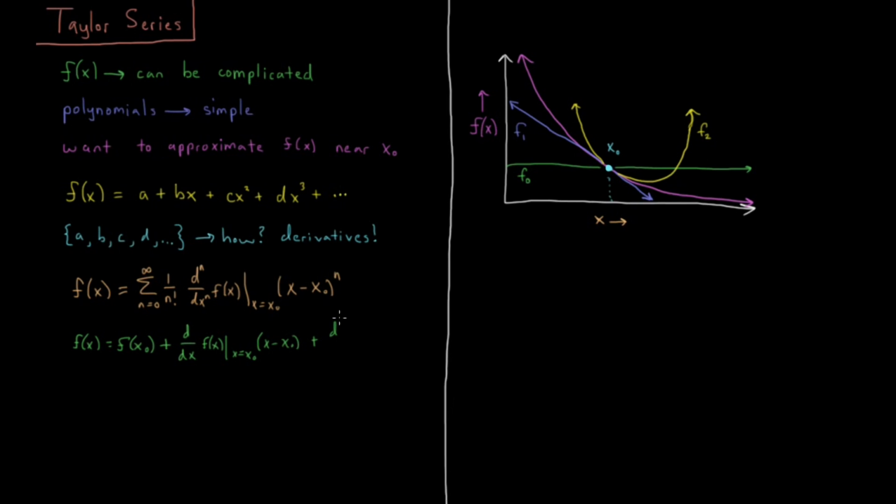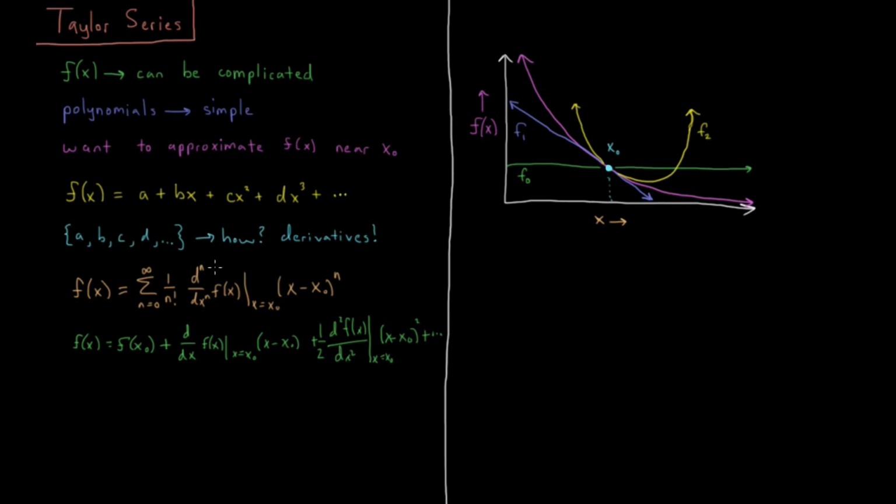Plus the second derivative at x equals x naught, times 1 over 2 factorial, which is 1/2, times x minus x naught squared, plus, and then it continues beyond that. 1 over 6 times the third derivative at x equals x naught times x minus x naught to the third, and so on.